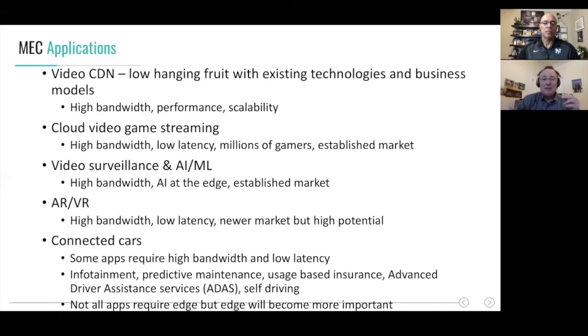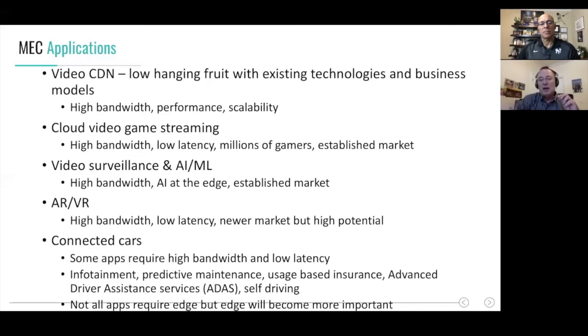The problem is, number one, latency. If you're doing multiplayer gaming, you've got to have really, really low latency to make that work, because you're shooting people, you're blowing things up. That has to happen in real time. The other big problem is bandwidth. Huge amounts of bandwidth are required, and it's getting more and more bandwidth intensive.